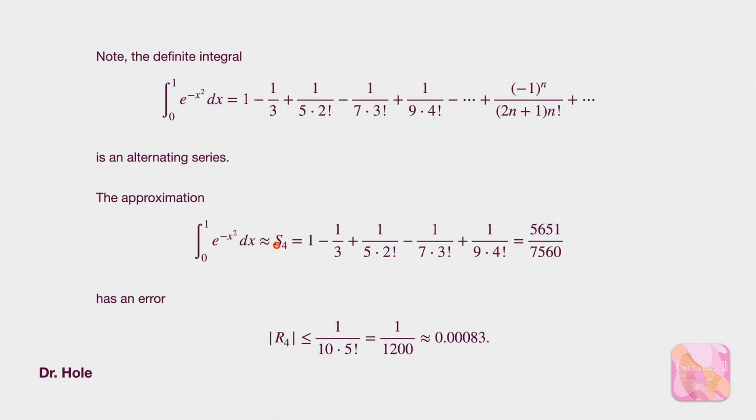Thus, if we take just the first 5 terms, in other words, S4, come up with a value, look at the remainder, that means look at the 6th term, 1 over 10 times 5 factorial, and that is rather small. Good.